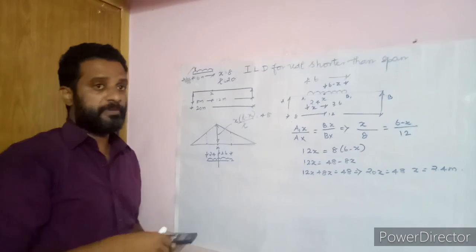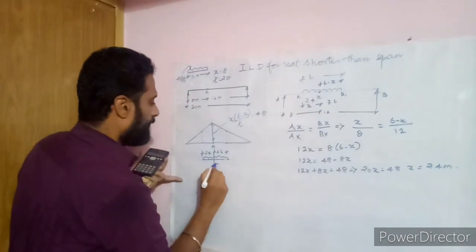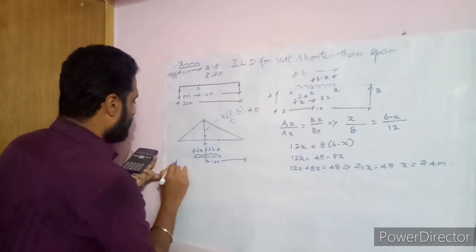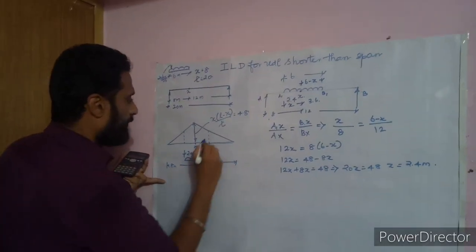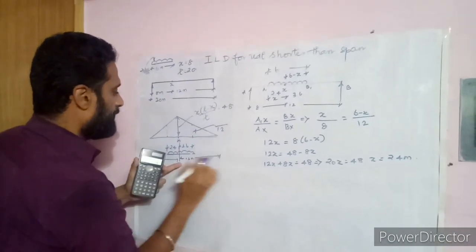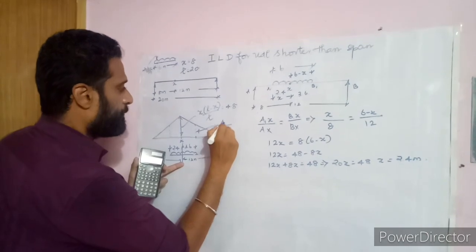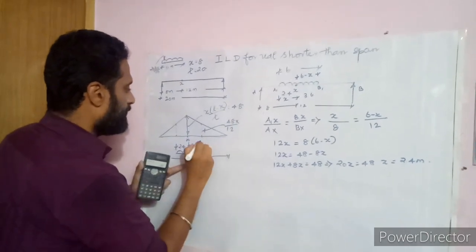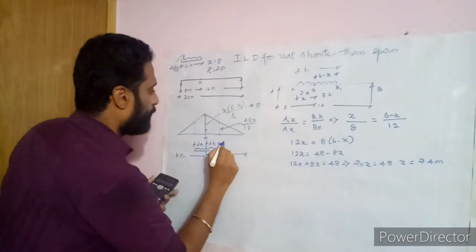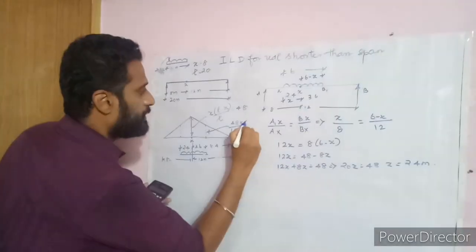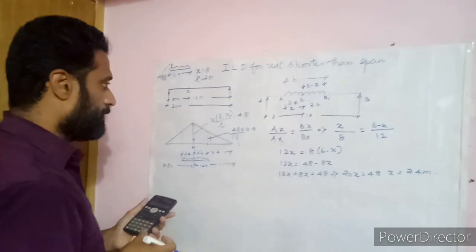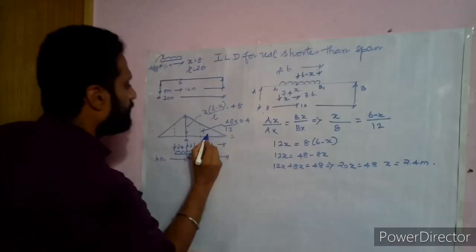Before taking the area, let me find out the value. So this is 4.8 and this distance is 12 meters and this distance is 8 meter. So I'm finding this intensity. We know that for 12 meters, same principle, it is 4.8. Then for this distance, which is 12 minus 3.6, which is 8.4, what is the intensity? 8.4 into 4.8 divided by 12, which is 3.36.